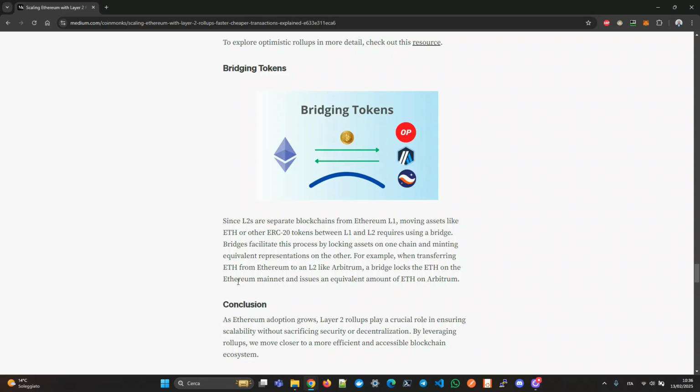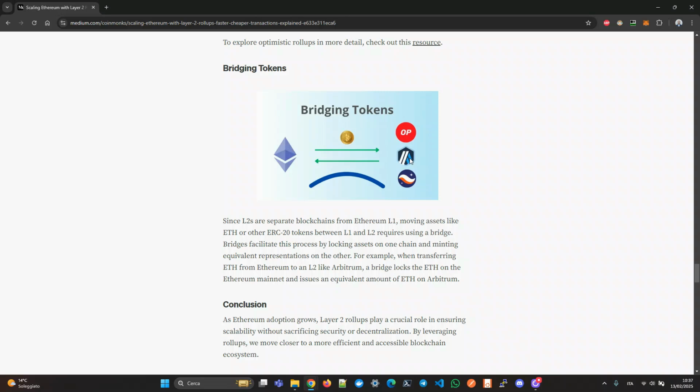Now, there is an important thing to understand, which is the topic of bridging tokens. When we have some tokens, for example Ether, on a layer 1 such as Ethereum, and we want to move these tokens to a layer 2 like Optimism or Arbitrum, we should make use of a bridge.